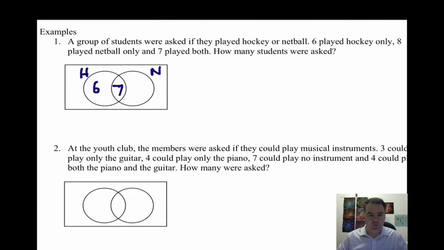So it's outside the netball circle, just in the hockey circle. And 8 played netball only, so I know I can put an 8 there. So as long as a group of students were asked if they're one or the other, then I just need to add those numbers up there. So that gives me 21 total students that were asked, assuming that there's no students that played neither.